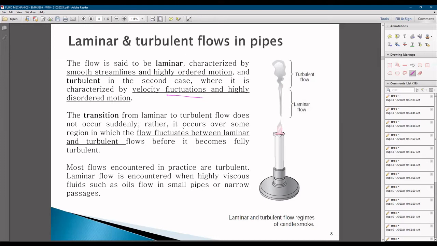Rather, it occurs over some region in which the flow fluctuates between laminar and turbulent before becoming fully turbulent. Most flows encountered in practice are turbulent. Laminar flow is encountered when highly viscous fluid, such as oil, flows in small pipes or narrow passages.